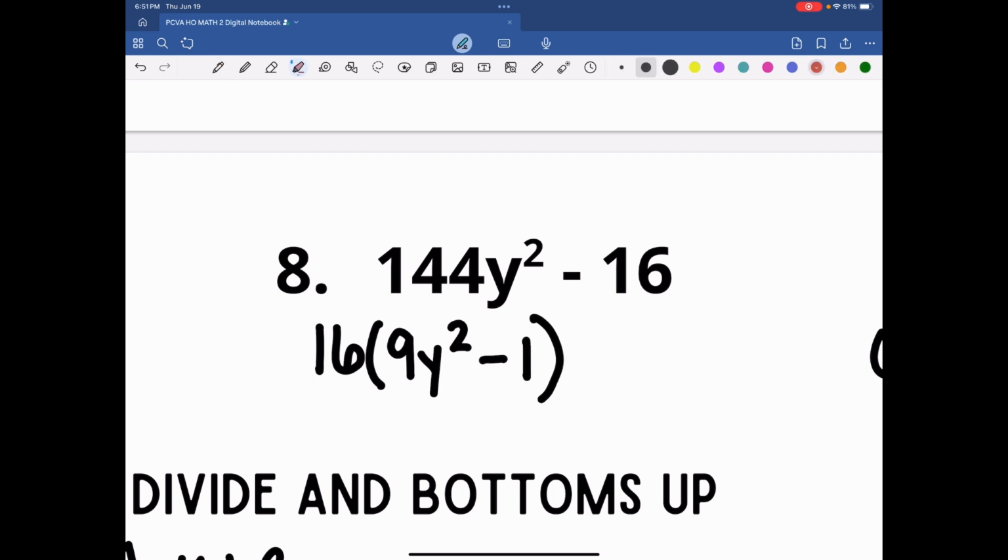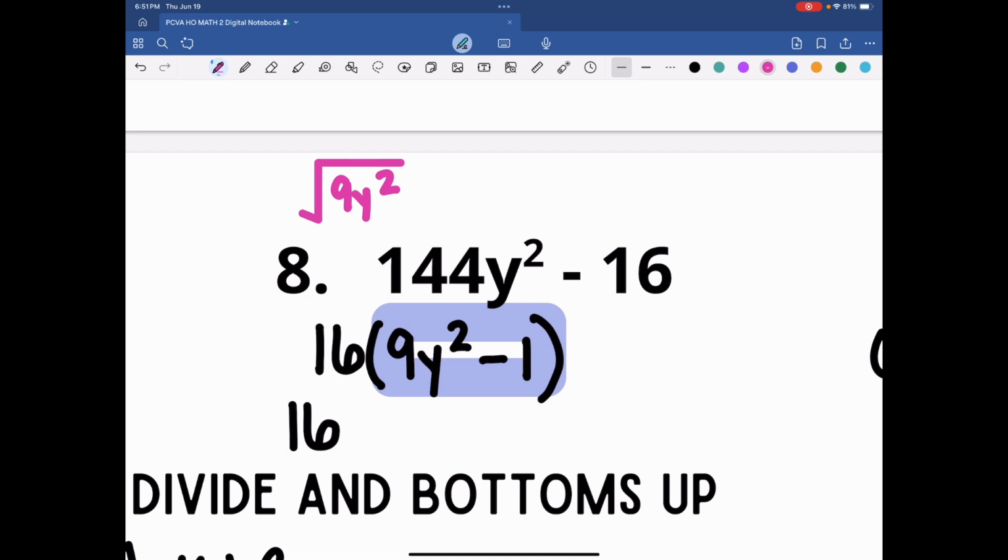Now, what we should see is after taking that GCF out, we now have the difference of squares inside the parentheses. So the 16 is not going to go away. It's still going to be part of the problem, but I can now compute the difference of squares for each term. So I have 9y squared. If we take the square root of that, that's going to give me just 3y.